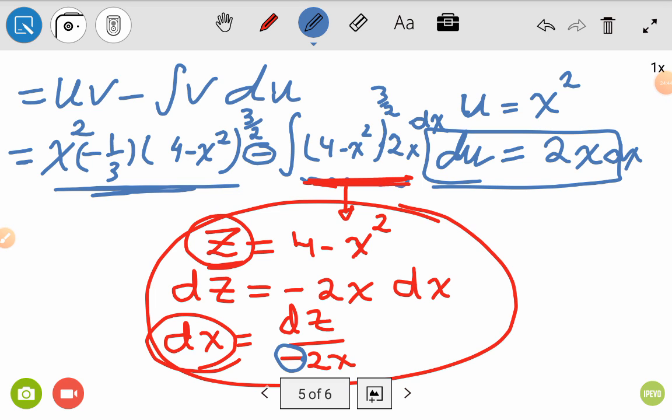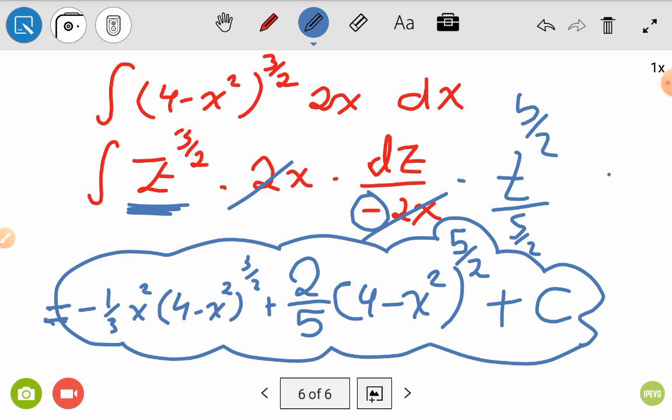Sorry guys, here I forgot only the negative 1/3 here. Will it change the final answer? This all is correct except only this part. This part will be negative 1/3, so this will be negative 2/15.